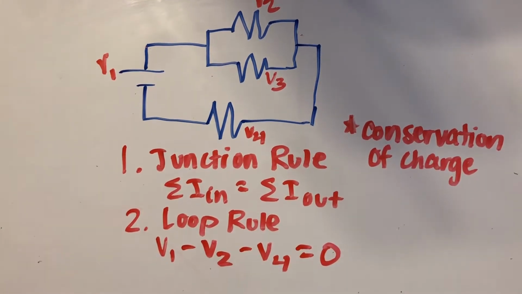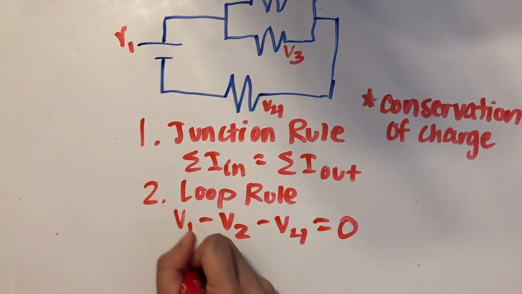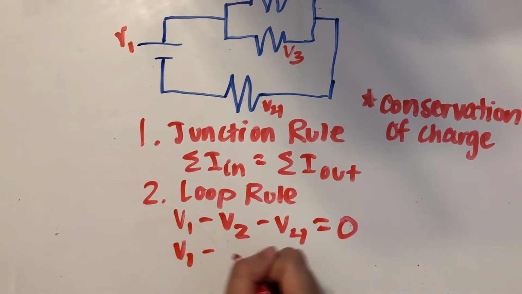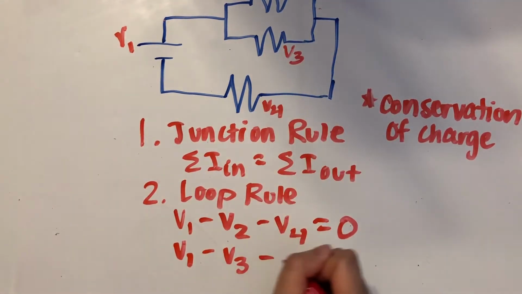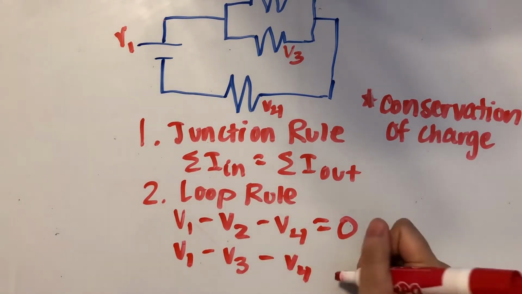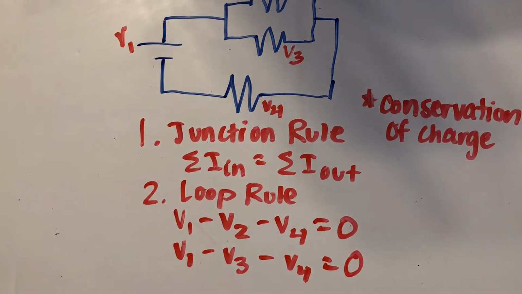Now for the second loop, it's pretty much the same thing, except we're going through this resistor now. So we're starting at the battery, we're subtracting the voltage at this point of the circuit, and we're subtracting another voltage drop at this point of the circuit, and that equals 0.